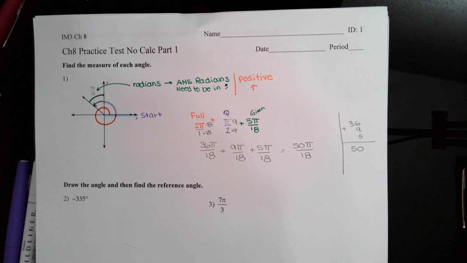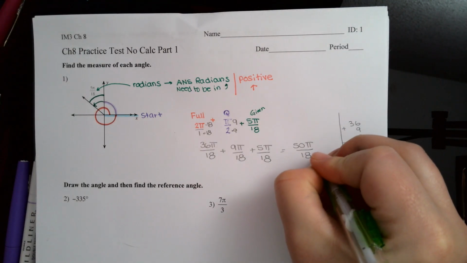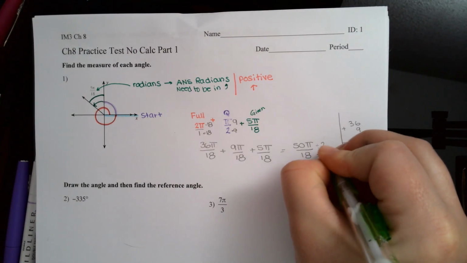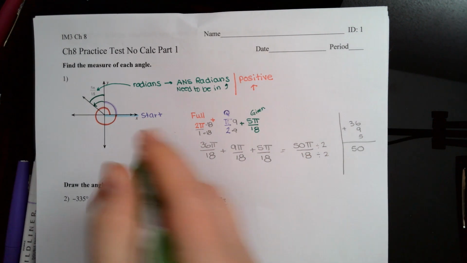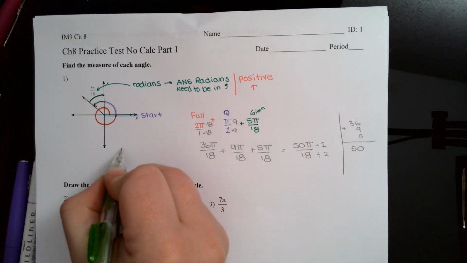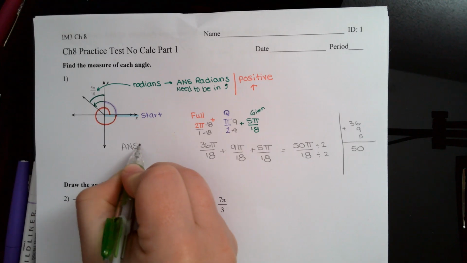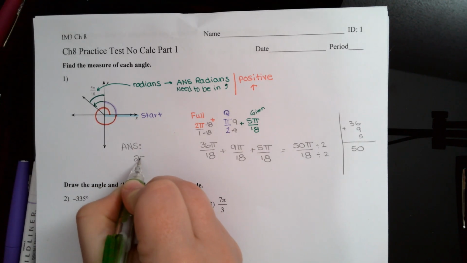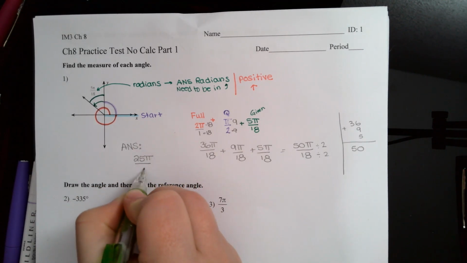Now remember, we do need to simplify. So we're going to be dividing top and bottom by 2. Then the size of the angle total, the actual answer, is going to be 25 pi ninths.